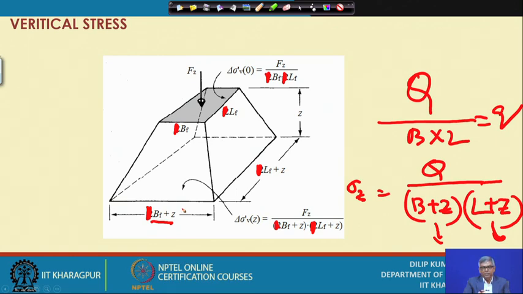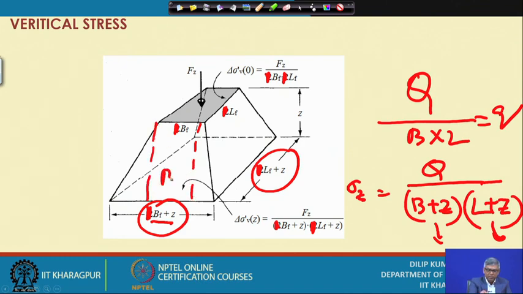As I mentioned, one vertical and N horizontal is a very generalized way, but the most common dispersion we consider is 2 vertical, 1 horizontal. Then at a depth Z, the increased width will be B plus Z and the increased length will be L plus Z. If I draw it, this will be B and this will be Z by 2 on each side. So, this is the way we can find out the delta sigma.